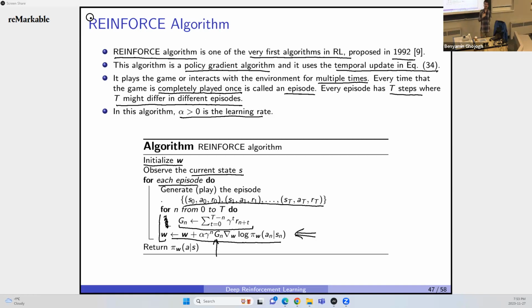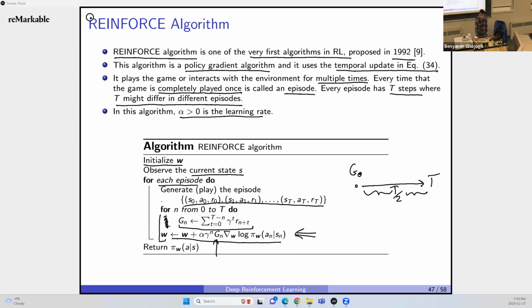Now what if I play good until the middle, but when I say I, I mean the machine, right? The machine plays good until the middle, but from the middle until the end, it plays bad. What happens? What happens to G0? G0 has the effect of 0 until T. Zero until T over 2 was good. T over 2 until T was bad.